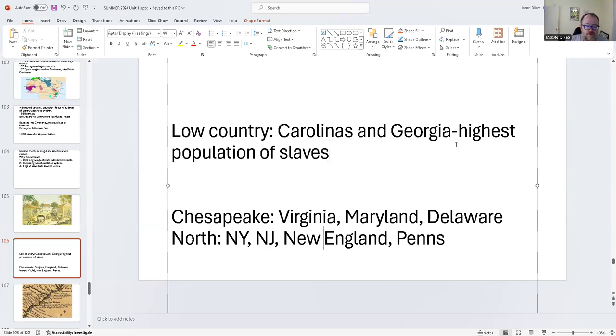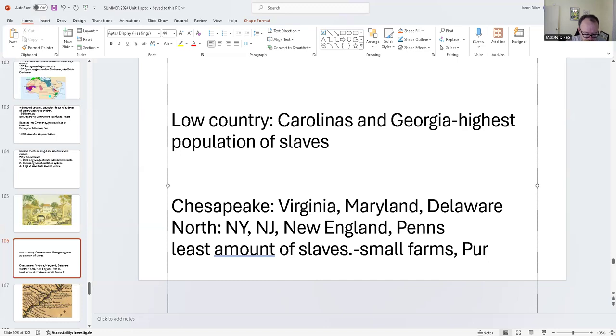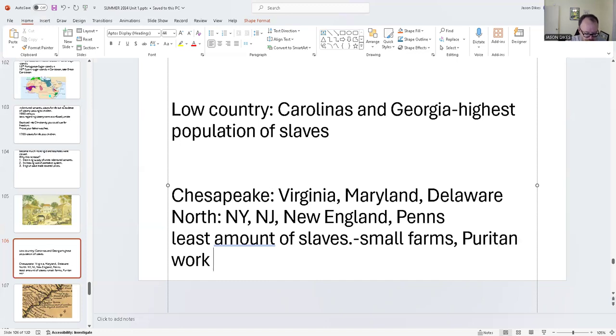The North, as you go further north, you find fewer and fewer slaves. A lot of that has to do with small farms and the Puritan work ethic. Okay. The Puritans were very big on working with your hands, your own hands.